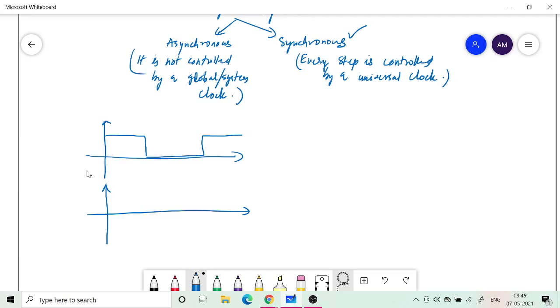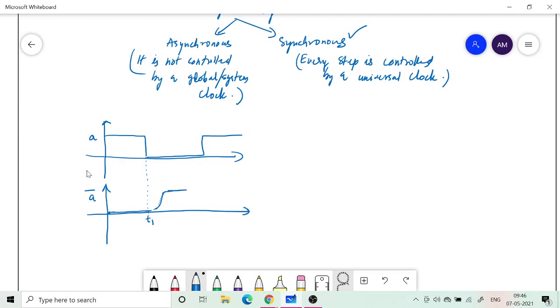For example, this is A and this is A bar, and A bar is supposed to be 0 when A is 1. This is an inverter, and at this particular time you have a variation of A from 1 to 0, and therefore A bar has to respond to this, but it takes some finite time to respond.